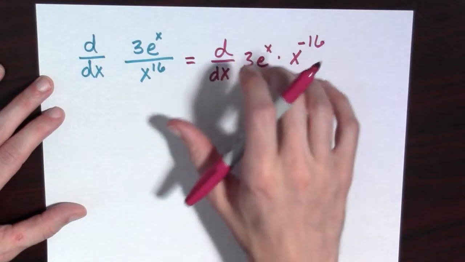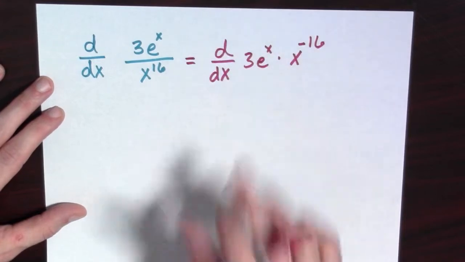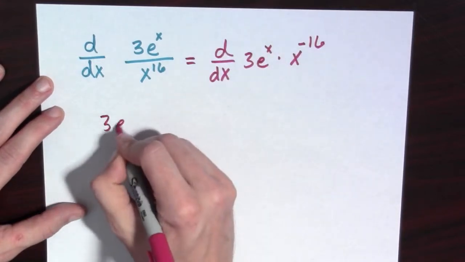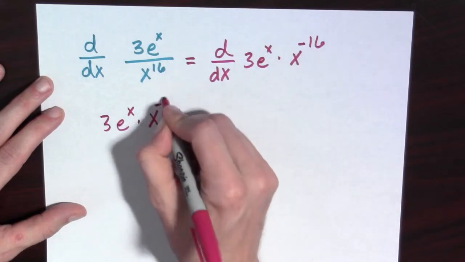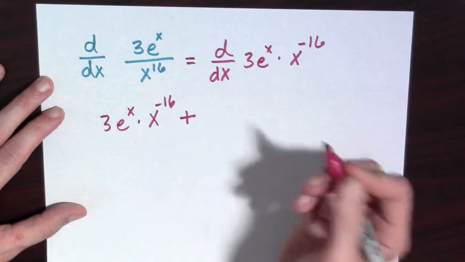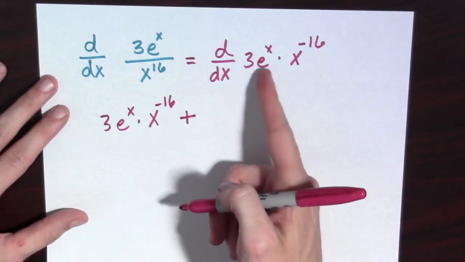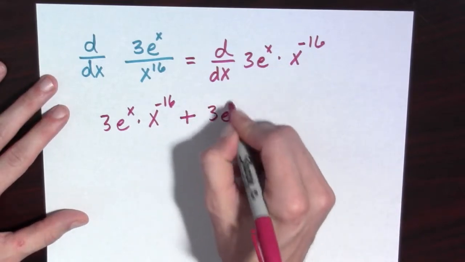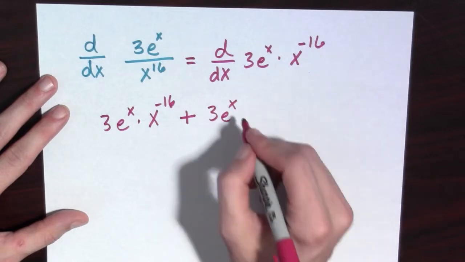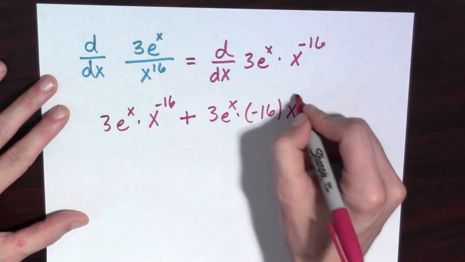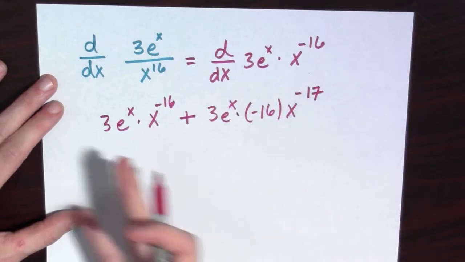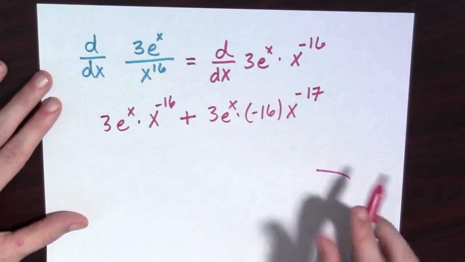I'll take the derivative of this factor first, and it's really just 3 e to the x times, this one doesn't change, x to the minus 16th plus, now this one doesn't change, so it's 3 e to the x again, times minus 16 x to the minus 17th. And there we go, we've used the product rule.